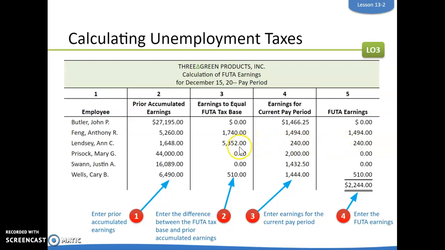Okay, and then for Anne, which one's smaller? Okay, the 240. That's what they've earned this time, so that's what they're going to pay here. 0 is less, 0 is less, and then 510 is less than 1,444. So 510 will go here. And then you would add them up to get this total FUTA earnings here.